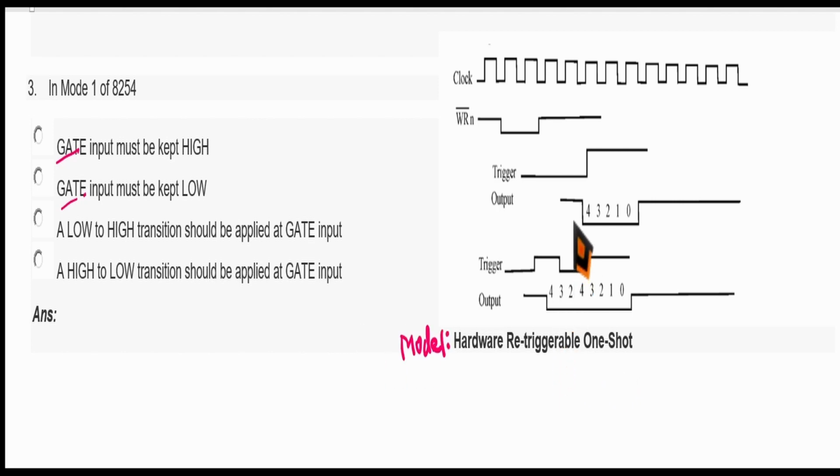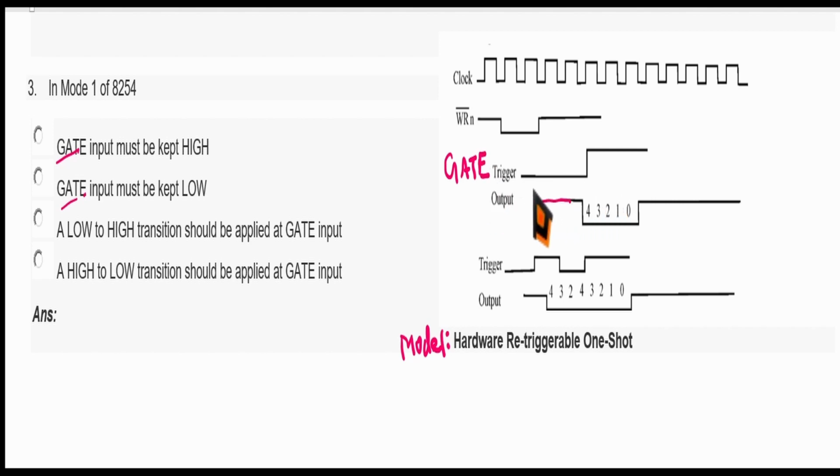If the count value is loaded in the counter, initially the output of the counter will be high. When you give a triggering signal, the output will go low and count down up to 0. At the end of 0, the output goes high. So a negative pulse is produced. So for this, triggering is to be provided. The triggering signal is nothing but the gate signal.